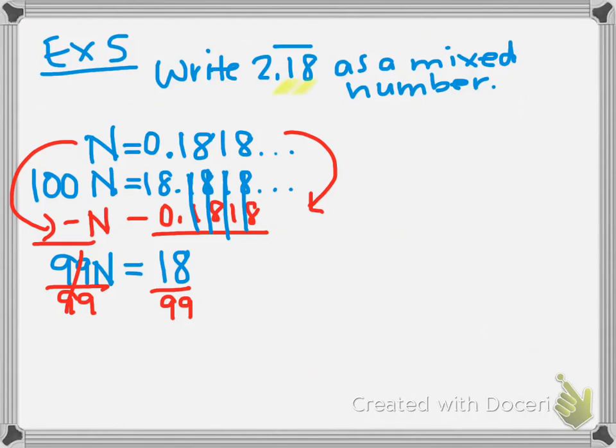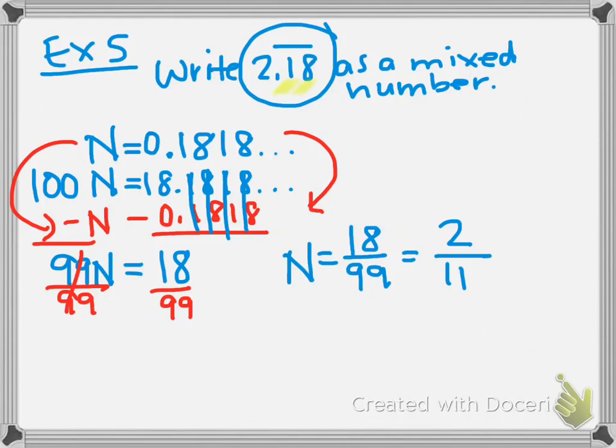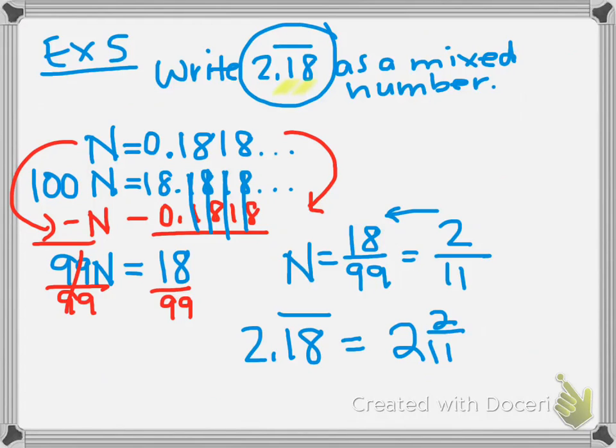You get n equals 18 over 99, which reduces to 2/11ths. Okay, so 2.18 repeating decimal is the same as 2 and 2/11ths. Okay, this 2/11ths was only for the repeating decimal, so I need to make sure the 2 is still included as the whole number.